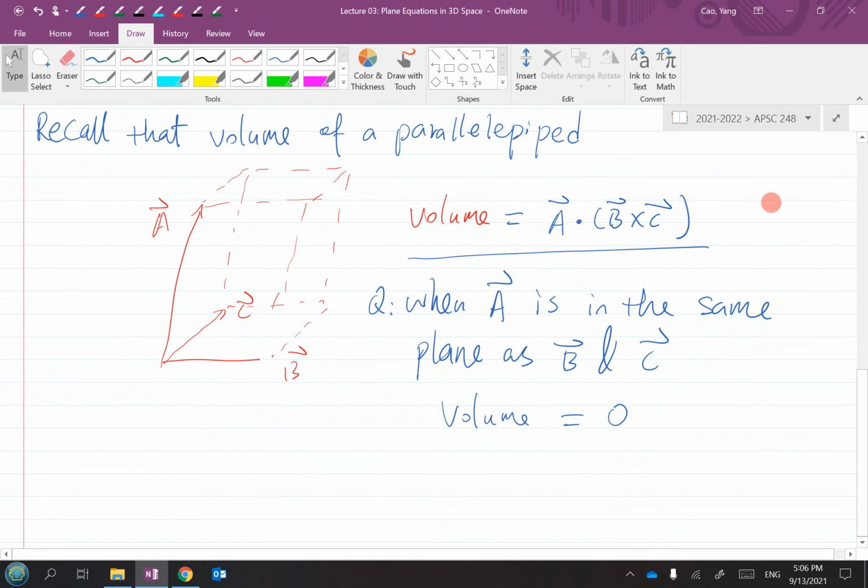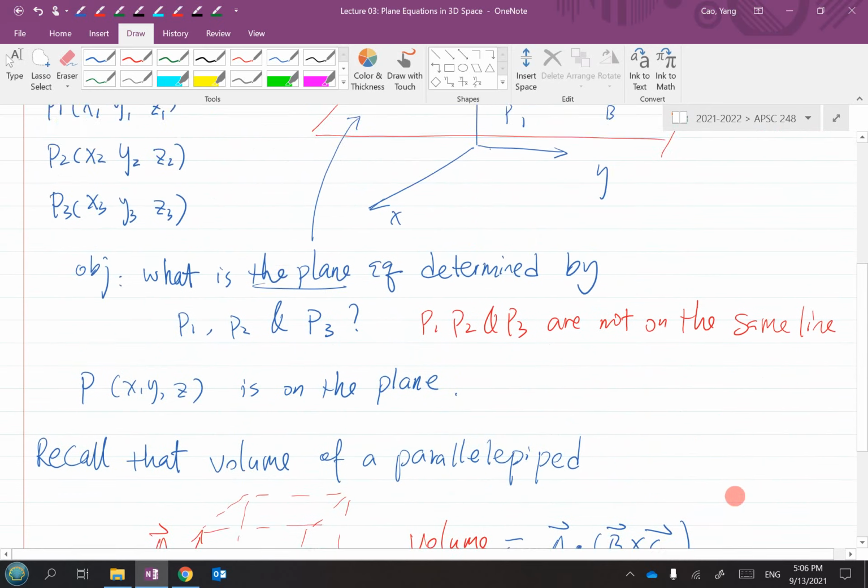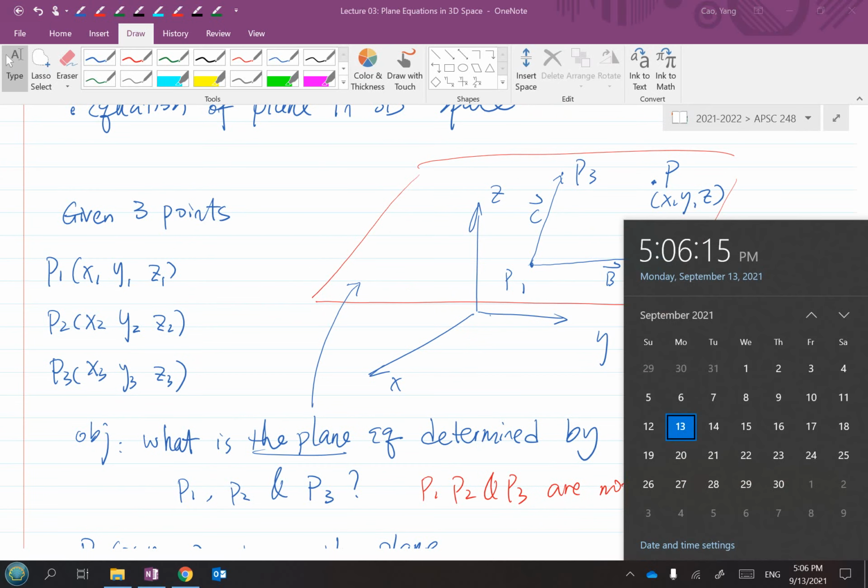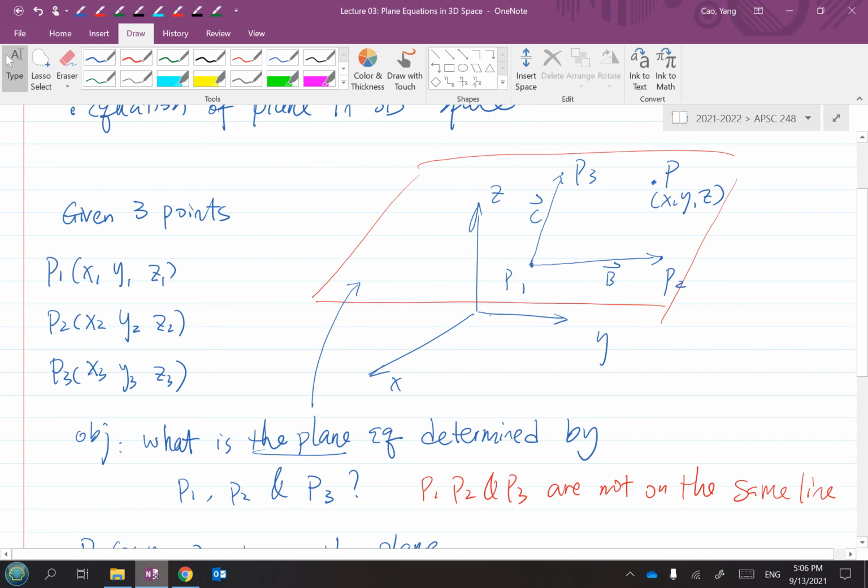Now I'm going to use this analogy for exactly what we have done over here. Look at the current formulation of the problem. I have a vector P1P2. I have a vector P1P3. I can also construct a vector from P1 to P. So I have three vectors here. The first vector I can call B, the second I can call C, just in contrast to the parallelepiped, and I can call P1P here A. So now you have exactly A, B, C as in the parallelepiped.